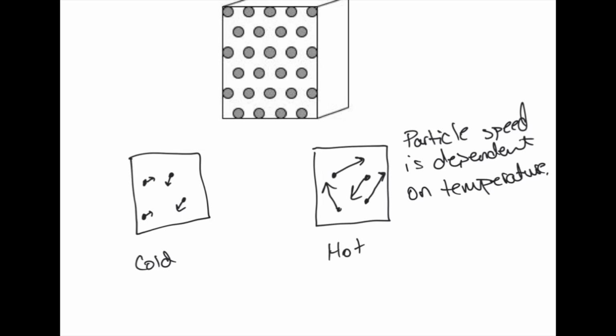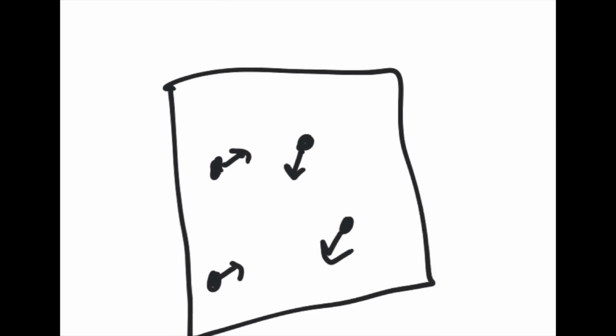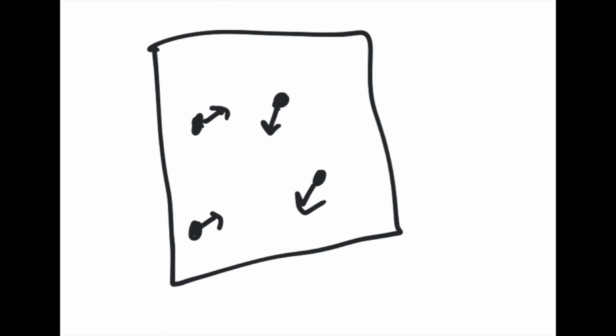Okay, so now let's focus at just this particle diagram right here, and we'll just focus on one specific particle for now, and we'll look at this one right here. All right, so we've indicated that it's going to move, right? And let's assume that this is a sealed container, okay?